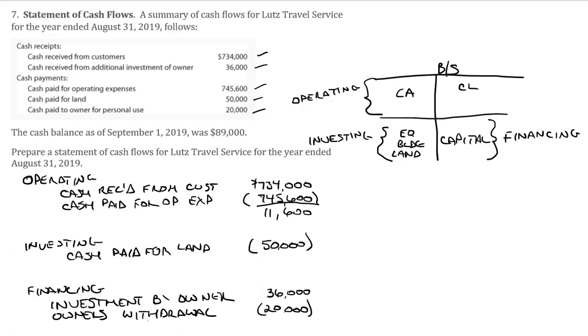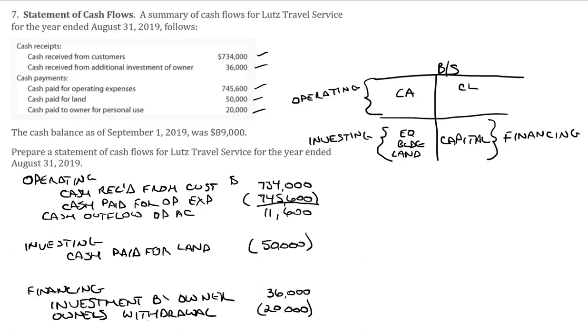This is a cash outflow from operating activities, 11,600.